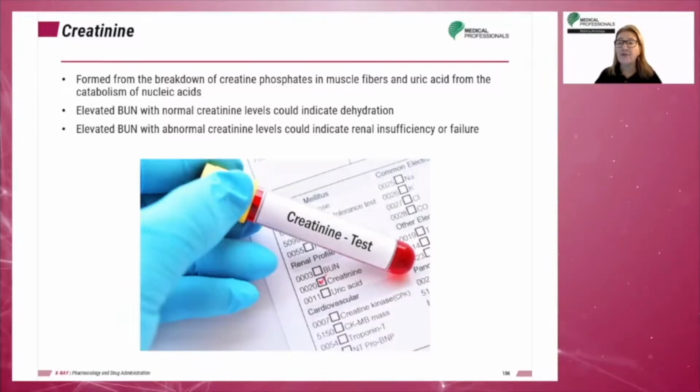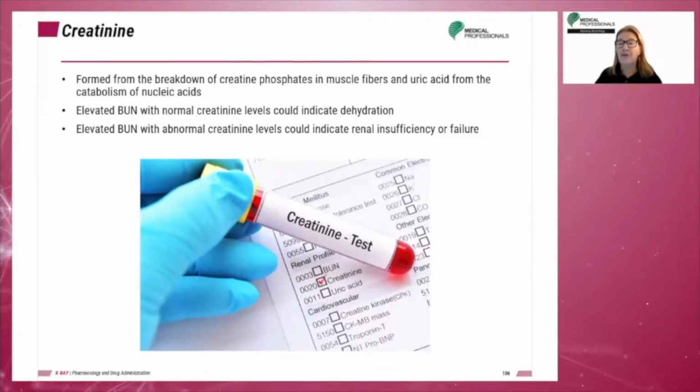Creatinine is another test that can be performed to check the functions of the kidney. Creatinine is formed from the breakdown of creatine phosphates in muscle fibers and uric acids from the catabolism of nucleic acids.